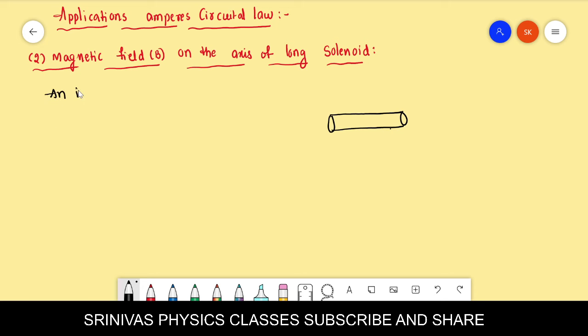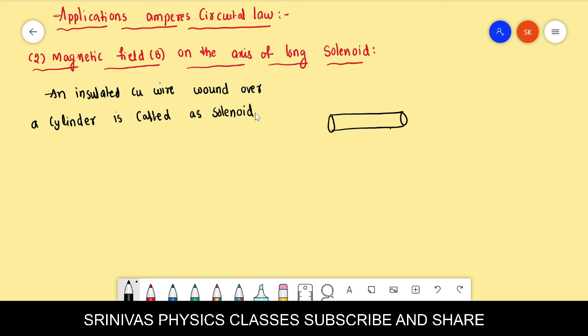An insulated copper wire wound over a cylinder is called a solenoid. Okay, you learned the magnetic field lines due to a solenoid, how the magnetic field is produced in the solenoid. You already learned that.